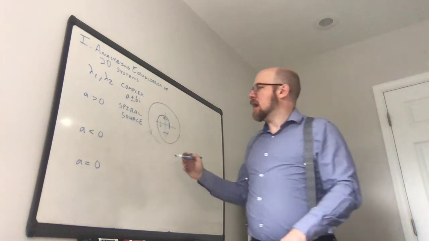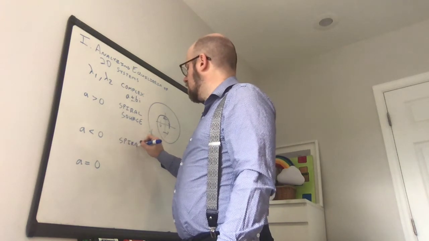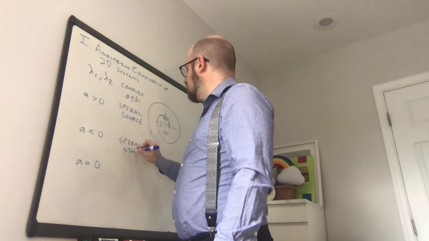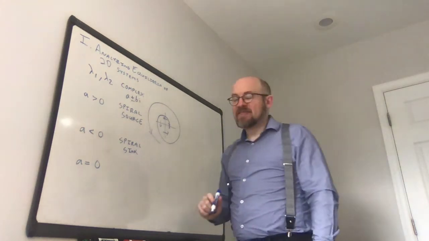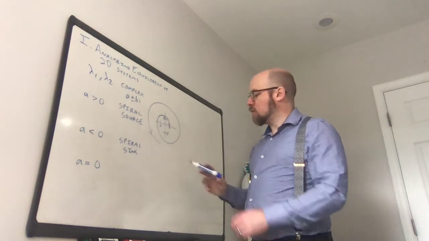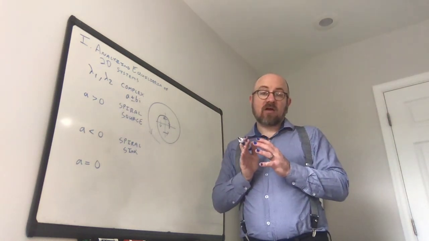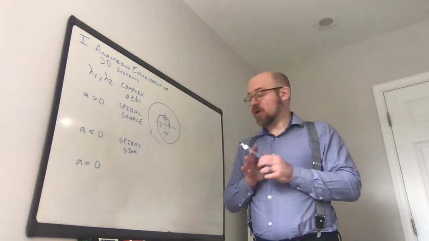Okay? Similarly, for a less than 0, we get what's called a spiral sink. The nullclines are going to look exactly the same, but we're going to decay in toward 0, toward our equilibrium as we go along, right?